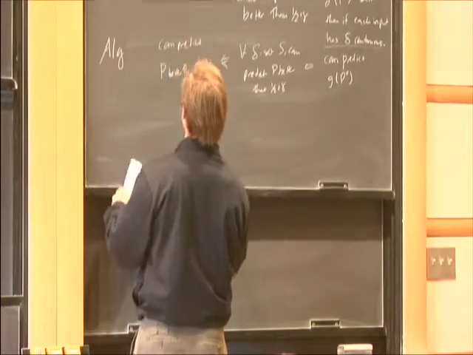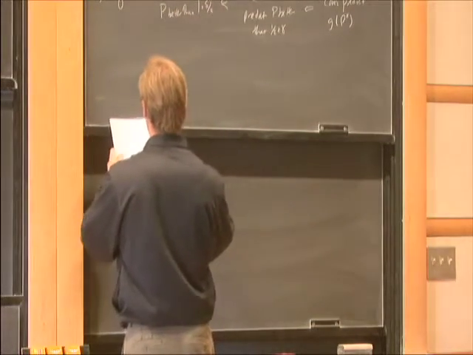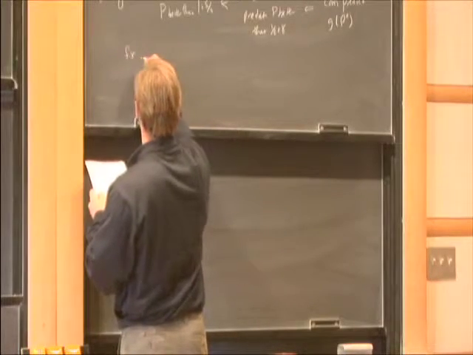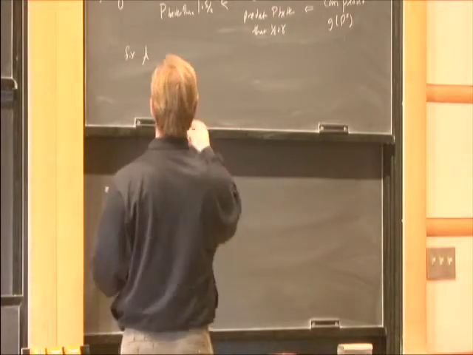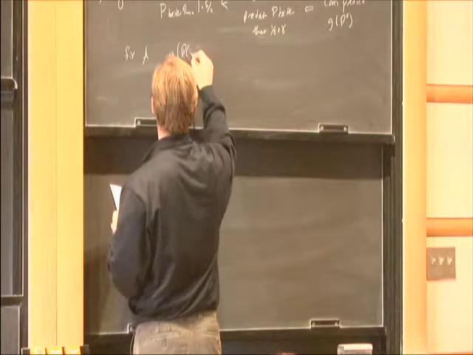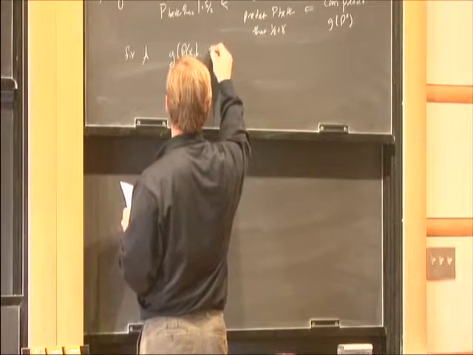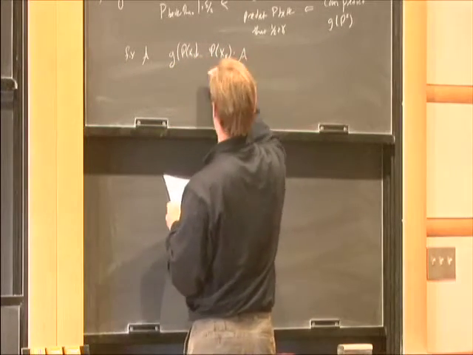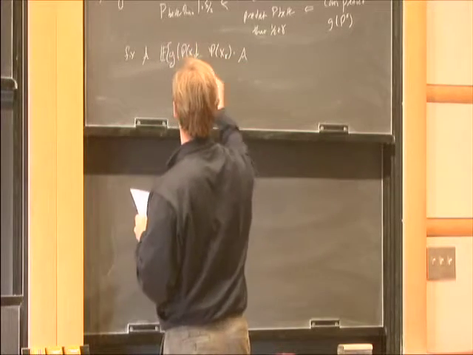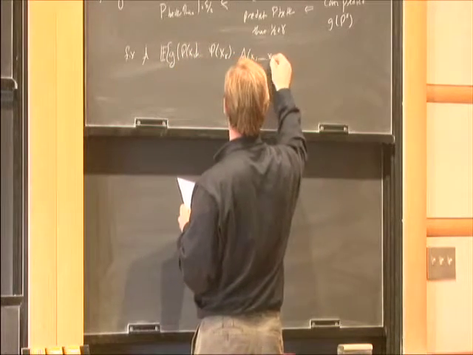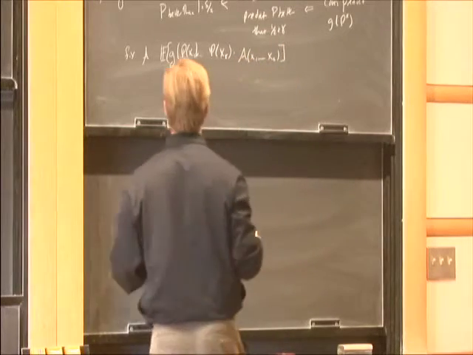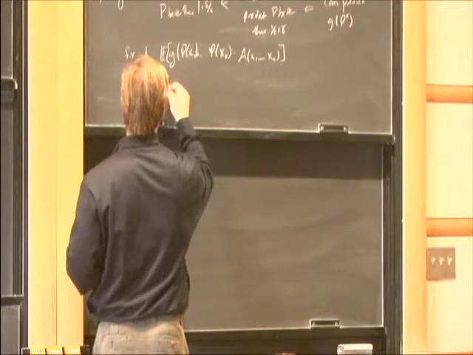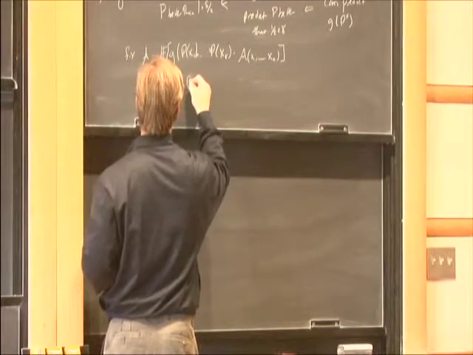So I'll try to show this. You say, fix an algorithm A. And then we're going to look at this kind of correlation. And then what you're going to do at each step is replace one of the inputs.